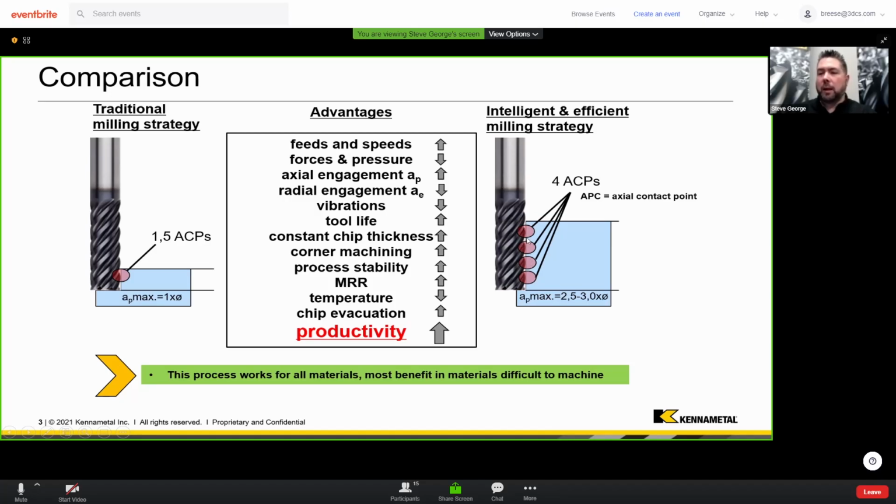The other thing you can think about is, if I looked at this as a cantilevered beam and did an integral of the force, I'm moving that force more toward the shank. I'm changing the bending moment a little bit in comparison to traditional milling strategy. So you can think about that.